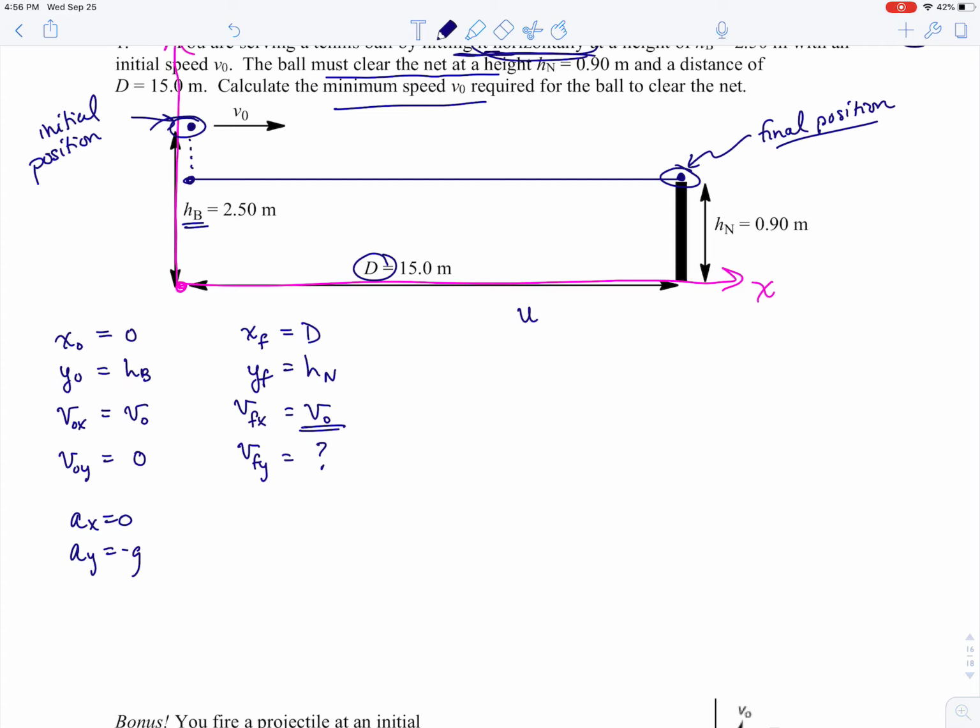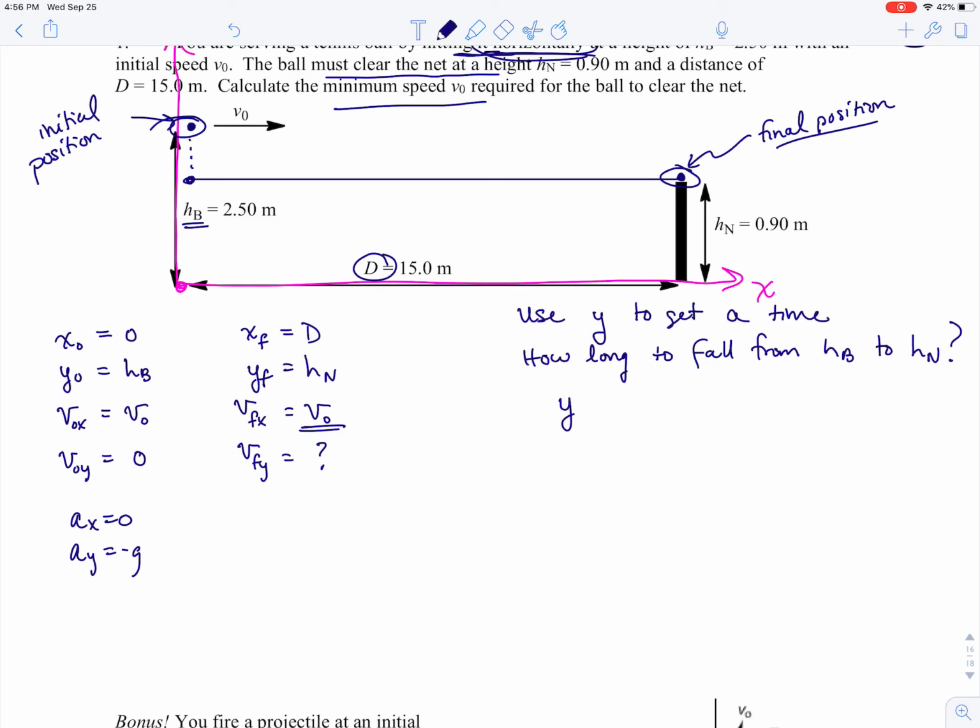So we're going to use the y direction to get a time. So we're asking basically the question, how long does it take to fall from a height of hb to a height of hn?